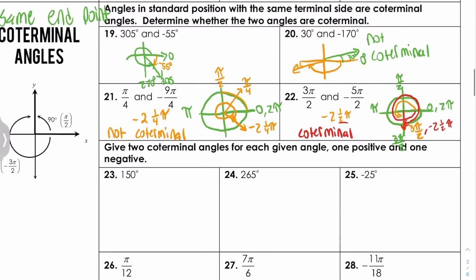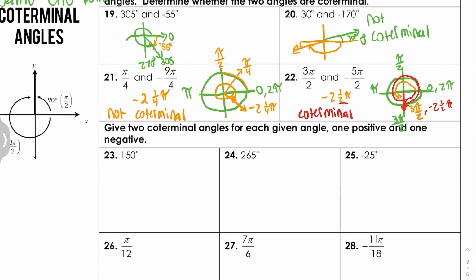Give 2 coterminal angles for each one of these, one positive and one negative. Look at these numbers.